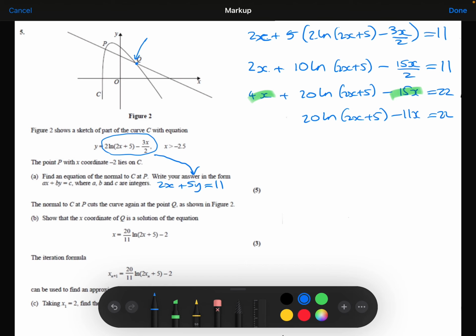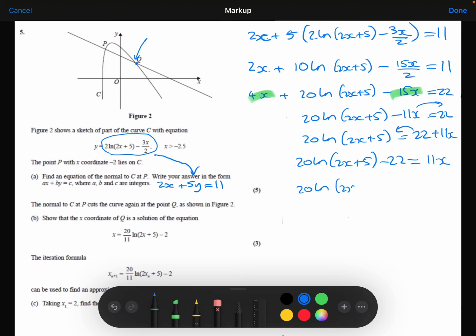Add the 11x to both sides, and then move the 22 to the left hand side, and then divide both sides by 11. So I'll get the 20 over 11, the 22 over the 11 will become 2. And this was what we needed to show for part B.